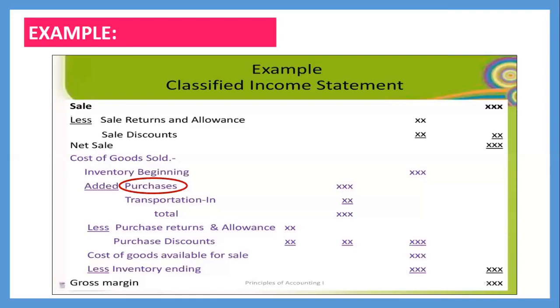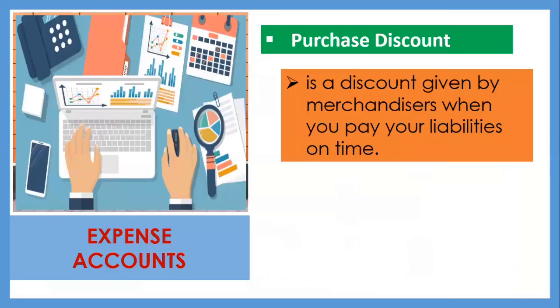Next, we have purchase discount. If we say purchase discount, it is a discount given by merchandisers when you pay your liabilities on time. Okay, so you are granted a discount by the merchandisers since you settled your maturing debt obligation on time. So how will this appear in your income statement?